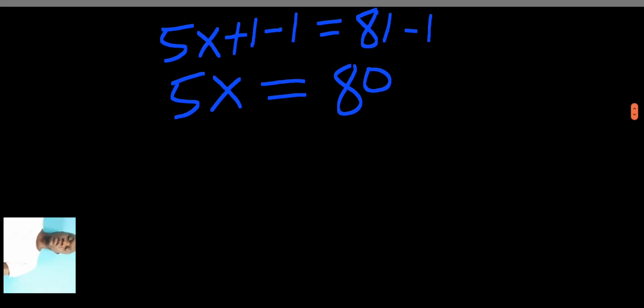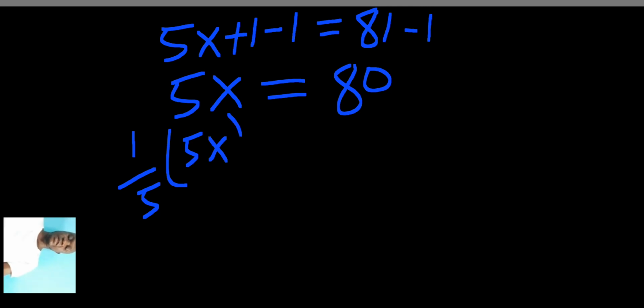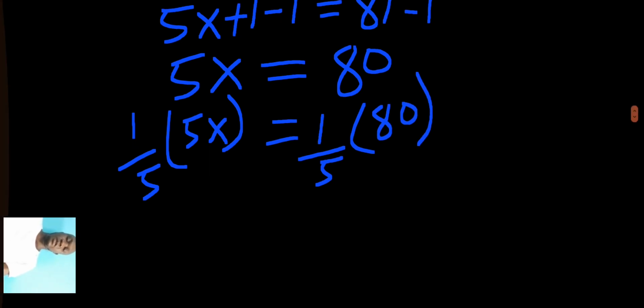So that will be 1/5 times 5s equals 1/5 times 80.